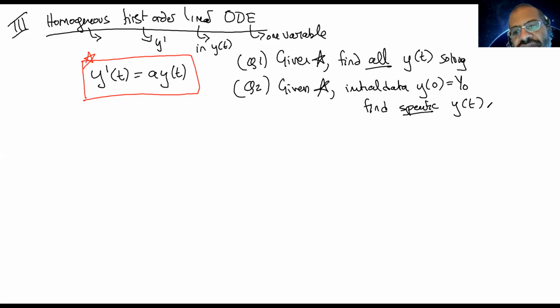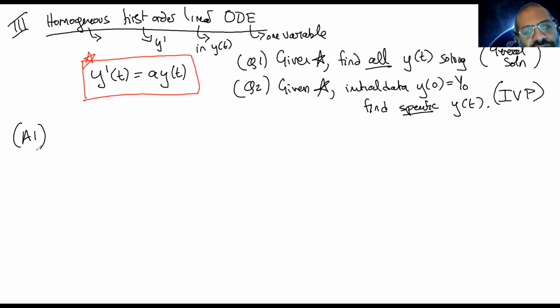These are two different questions. This is called an initial value problem. And this is called find the general solution. Okay. So for this kind of equation, as far as I understand, you already did this in Math 1B. So let's answer the first question.